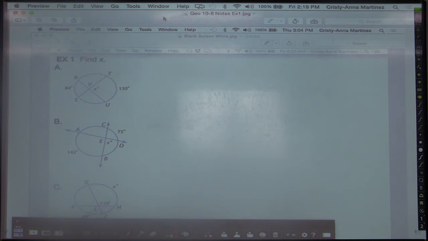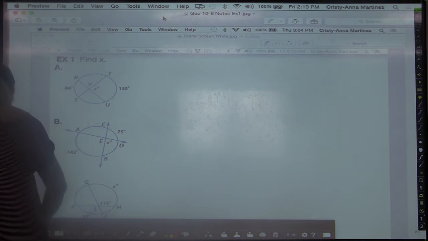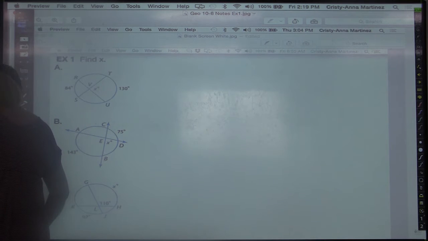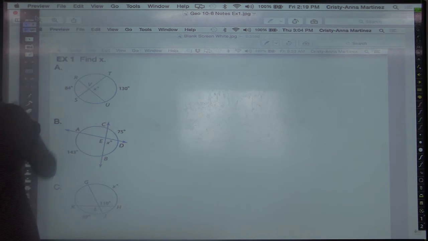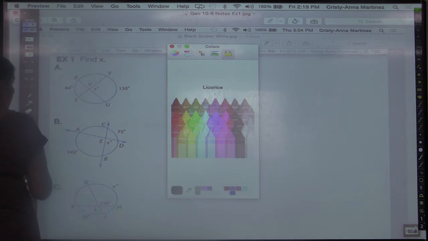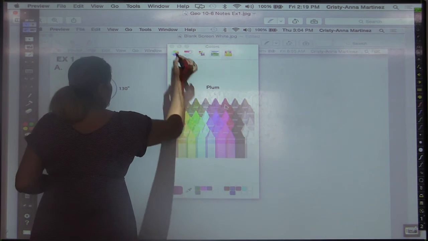Let's see if we can't get this situation resolved. I thought we were pretty close. There we go, I see some movement. Thank you, pen, for working. Sorry about that for the rest of you. Okay, so here we go. We're going to get started.